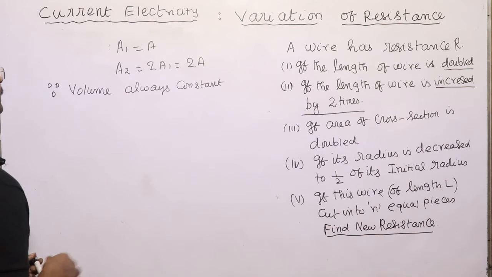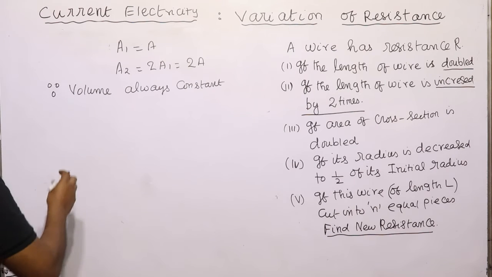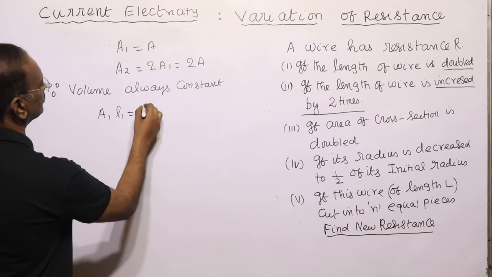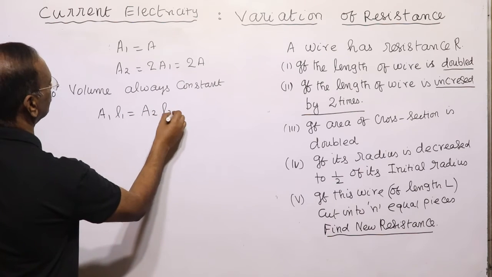In that case, if the volume is constant, we can write A1 L1 is equal to A2 L2.